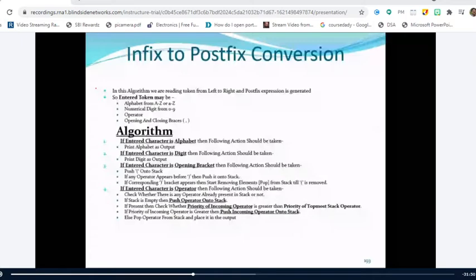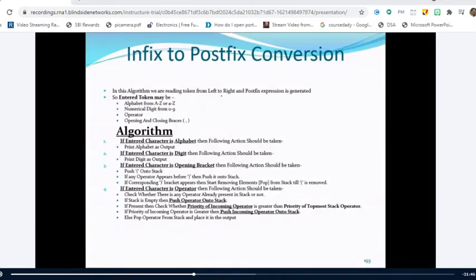In this algorithm, we read the tokens from left to right, and the postfix expression is generated. What is the input for this algorithm? What is our task here? To convert the infix expression to the postfix expression. Is it right or not?